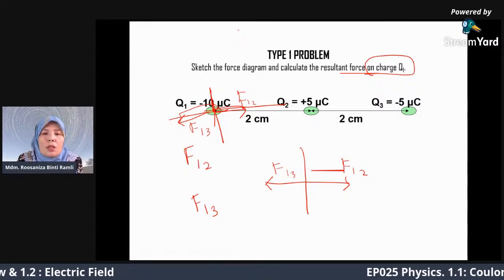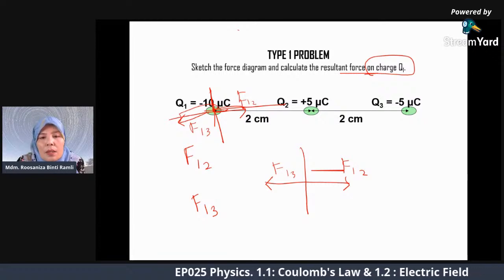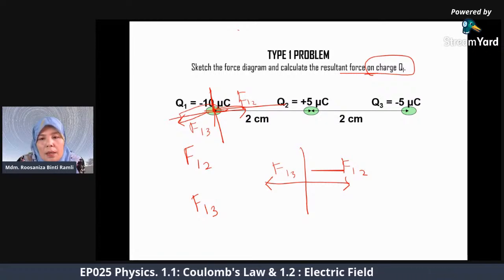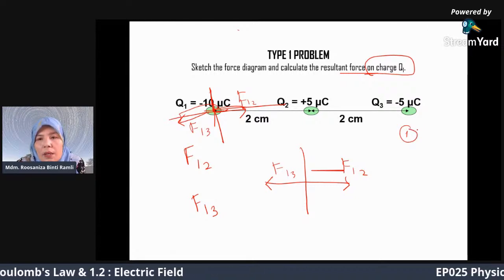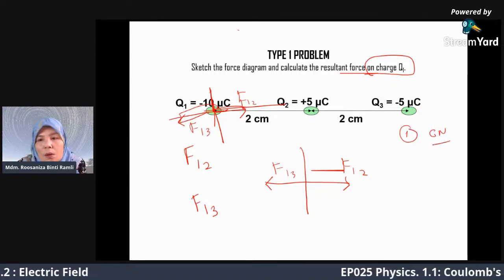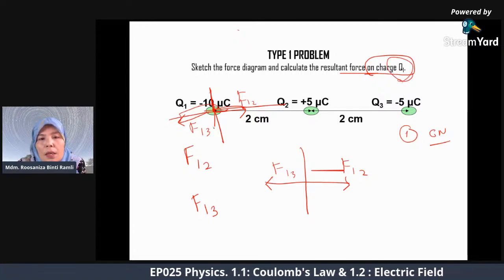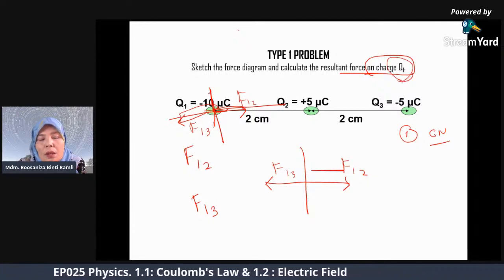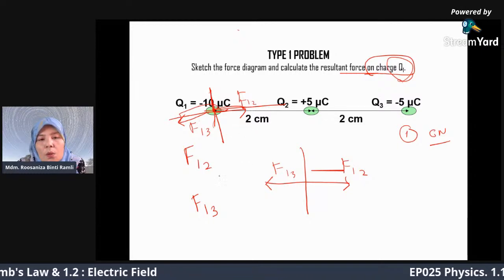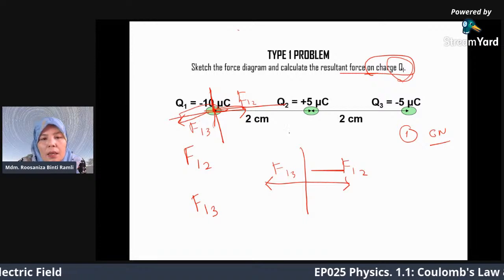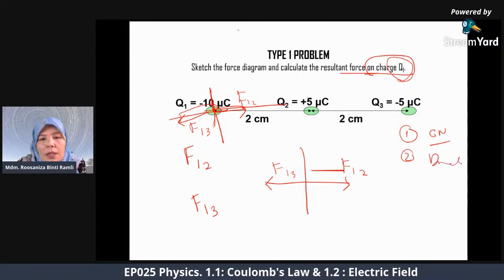So first, students must know how to draw the direction of the force. First you find the word on: on charge Q1. At Q1 you just draw the axis, as a reference to know the direction of the force between 1, 2 and 1, 3. Second, you have to know the direction of the force.